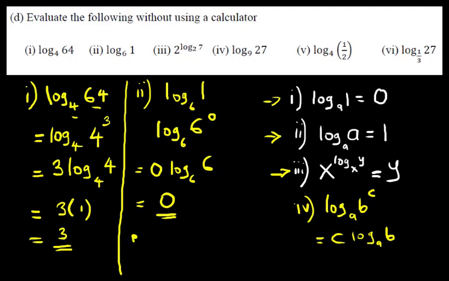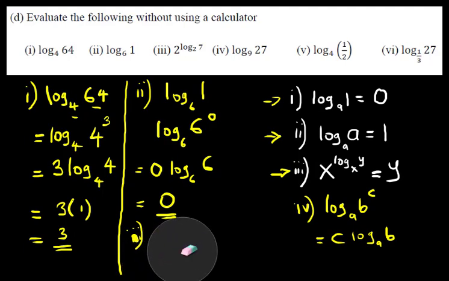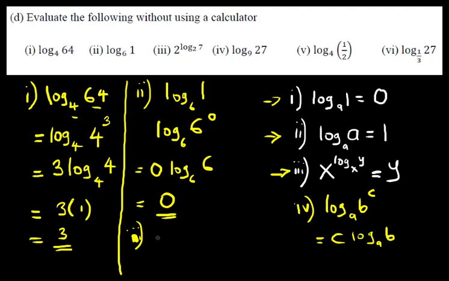So our question 3 says 2 raised to the power log 2 7. So already here we know that our answer is equal to 7. So how can we answer this?